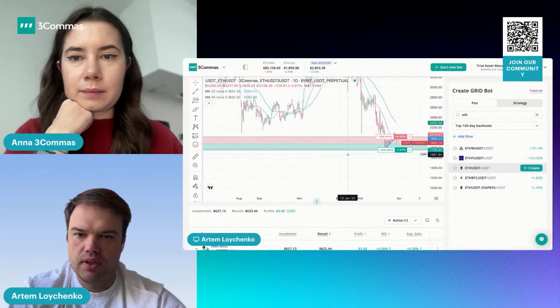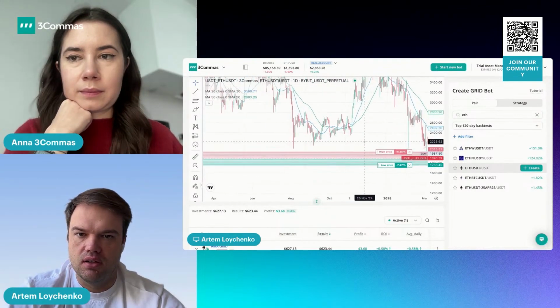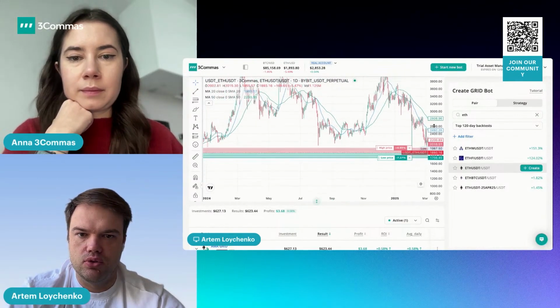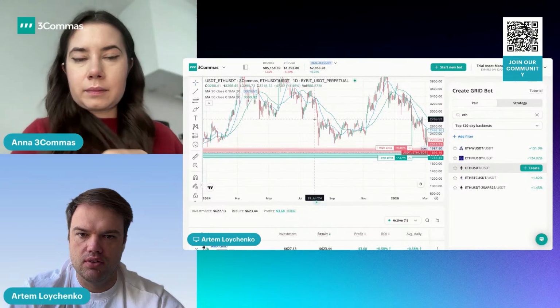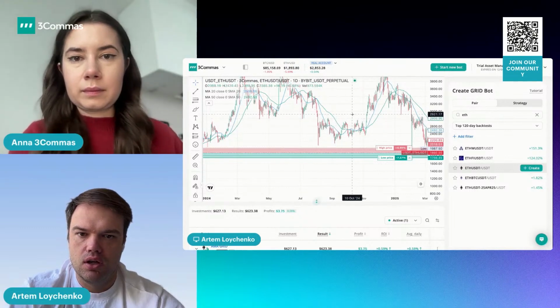So the next step you should understand is what the market conditions are, and how you can find these market conditions to use this gridbot, and that's what I will be trying to show today. What I was trying to explain is that the best scenario for using the gridbot is like in this range.